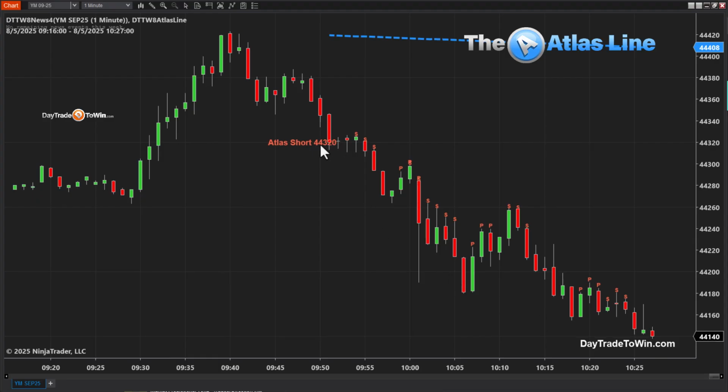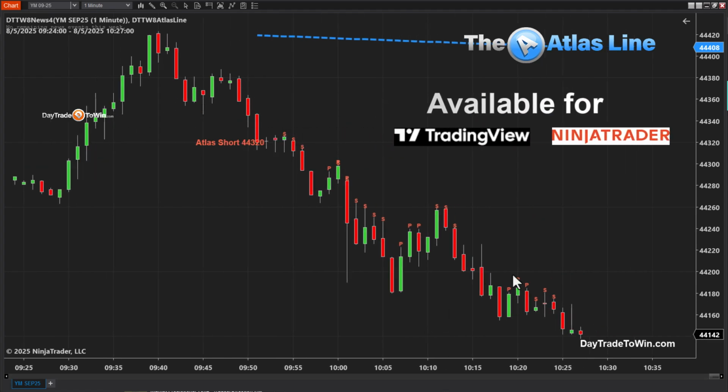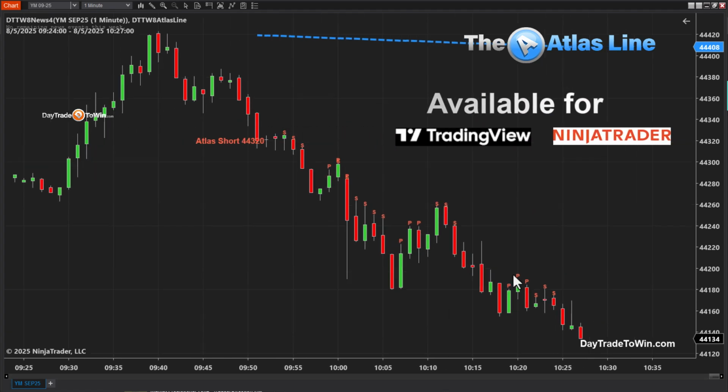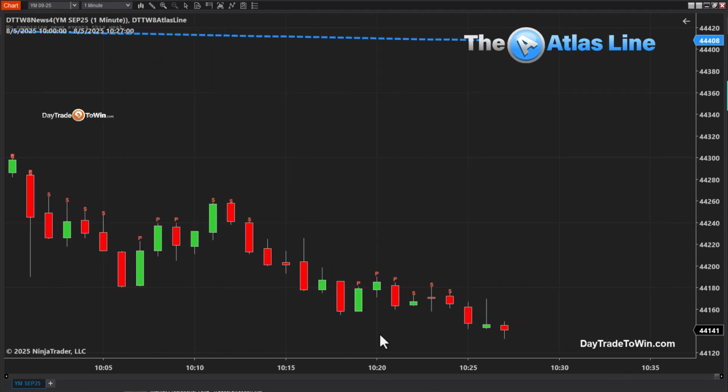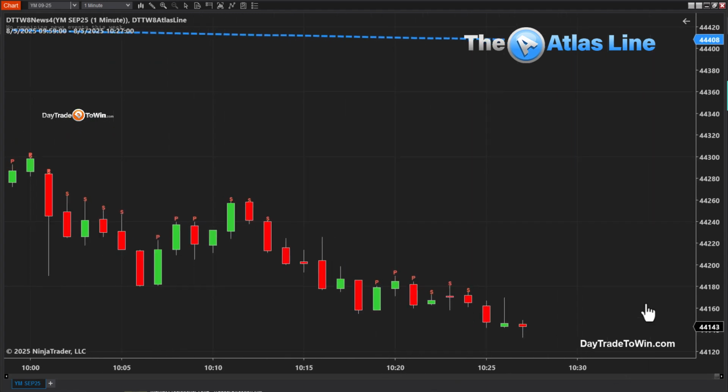Now this is the Dow. It's the YM contract. Again, CFDs, forex, currencies. It works in the same manner. On the Dow, you can see that we have, again, all short trades. It doesn't surprise me because usually the NASDAQ, the Dow, the Russell, and the S&P all move in the same direction. So it's almost like a sector of the financials.